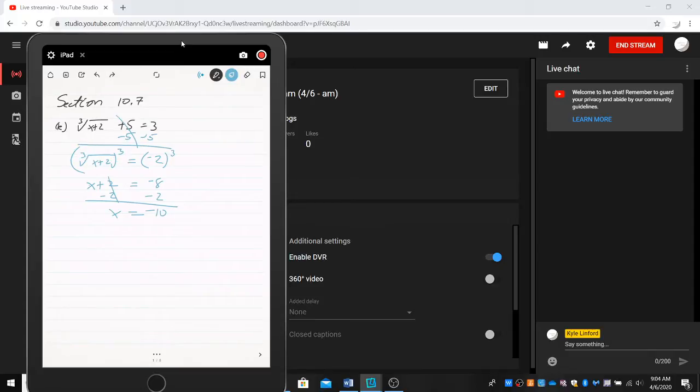Now, if you remember from our lecture, we said you might be able to solve this and get an answer, but then you have to go back and check your work. You have to check to make sure we don't have what's called an extraneous solution.